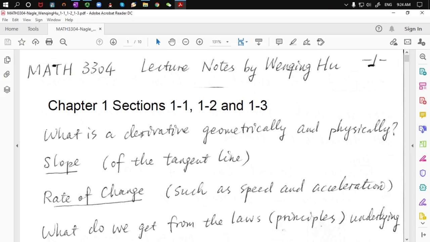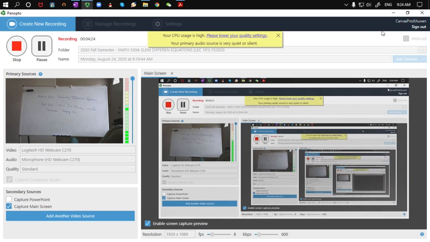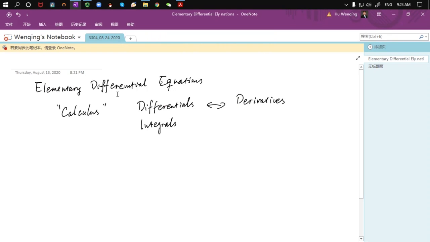But when we talk about differential equations, what is a derivative? The differentials are related to derivatives. So what does the derivative mean in your calculus classes? By derivative, it means that I give you a function f of x. Suppose the function f of x has a graph.